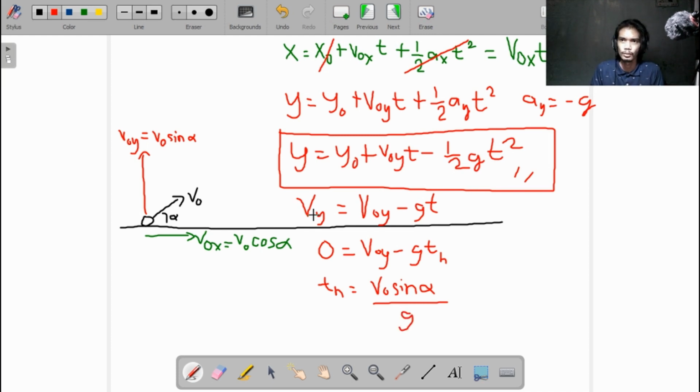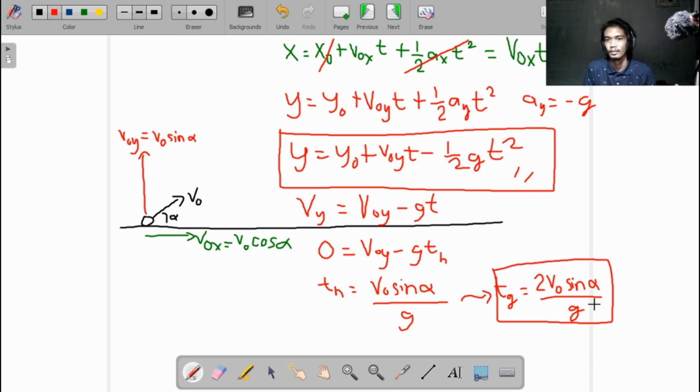Now of course, the time that it takes to reach its maximum height is also the same time that it takes to reach the ground. So we conclude that the time it takes to hit the ground, t of g, is equal to twice t of h. Therefore, t is equal to 2 times v0 sine alpha divided by g.